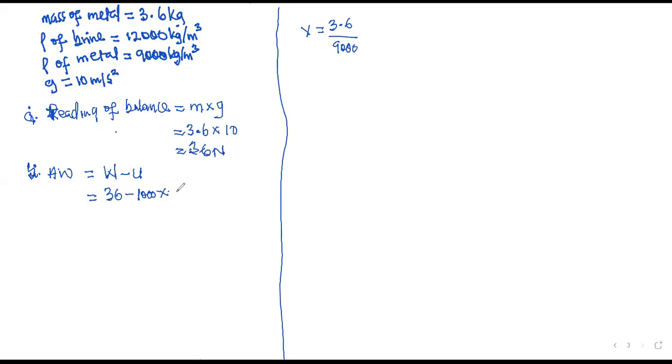And so the volume of water displaced is 3.6 divided by 9,000, times acceleration due to gravity, which is 10.